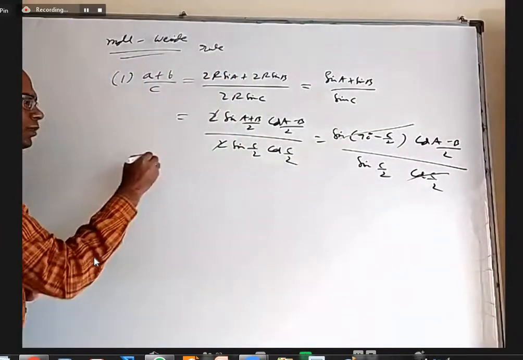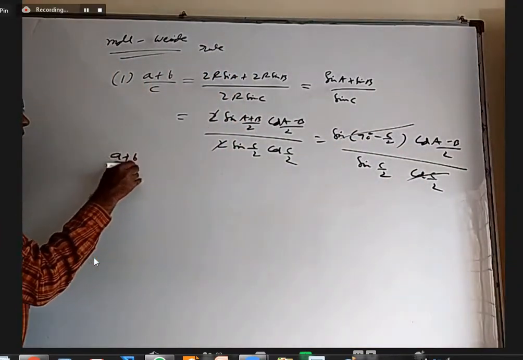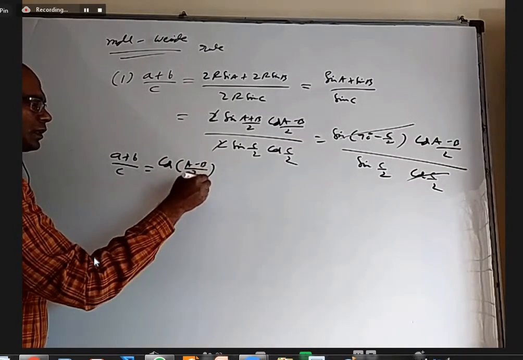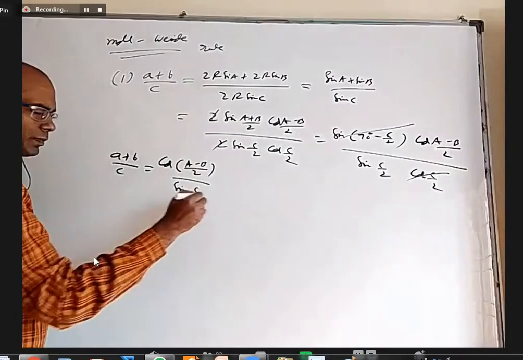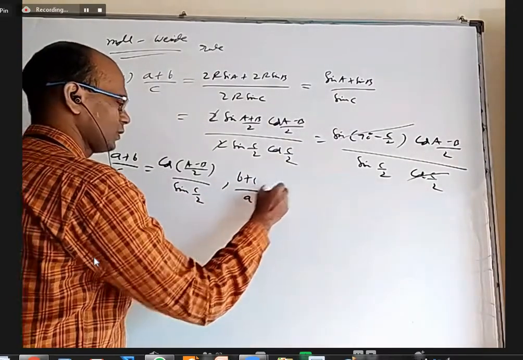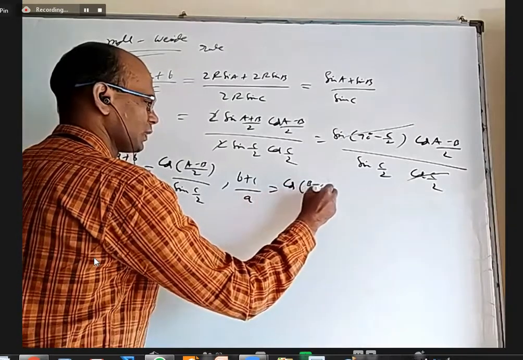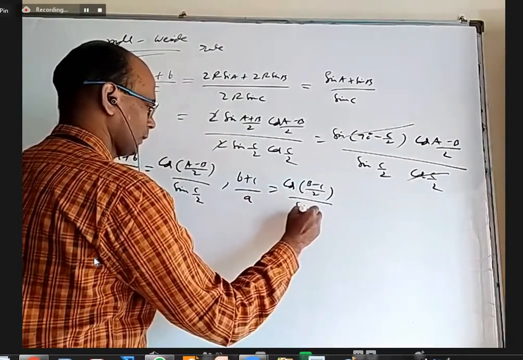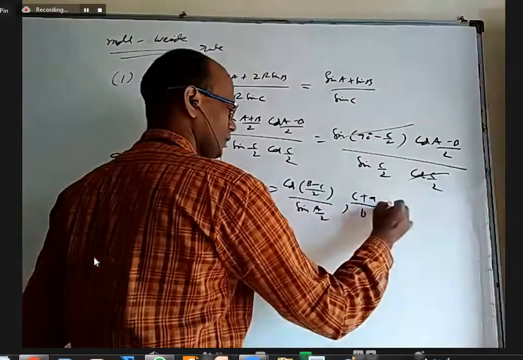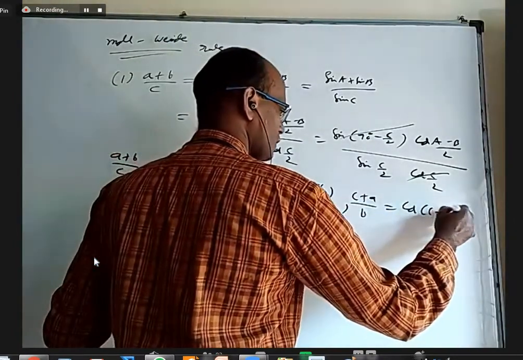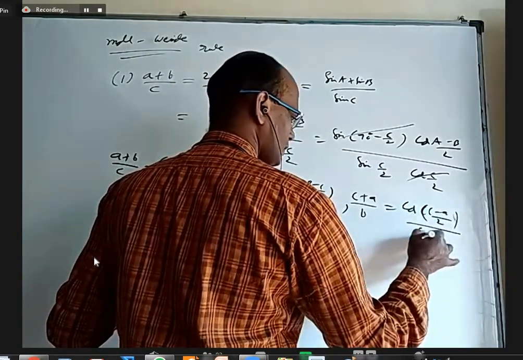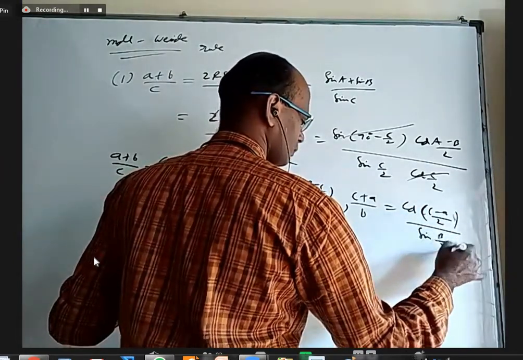So basically the formula is (a plus b) by c equals cos (A minus B)/2 by sine C/2. Similarly (b plus c) by a is cos (B minus C)/2 by sine A/2, and (c plus a) by b is cos (C minus A)/2 by sine B/2.